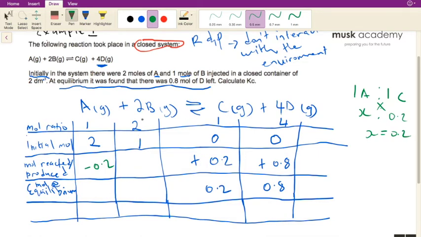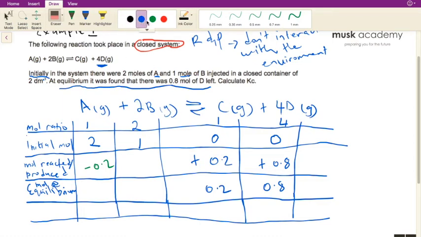So now let's look at the number of moles that have reacted for B. The interesting thing here is that you can come back and use what has reacted for A to find what will react for B, right?